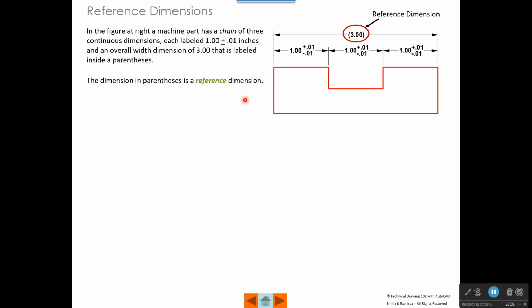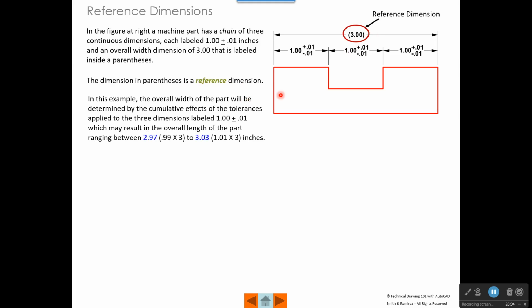Now let's describe what a reference dimension is. In this example, the overall width of this part from this side to this side will be determined by the effects of this dimension here and its tolerance, plus this dimension here and its tolerance, plus this dimension here and its tolerance. So the narrowest this could ever be manufactured and pass inspection would be 0.99.